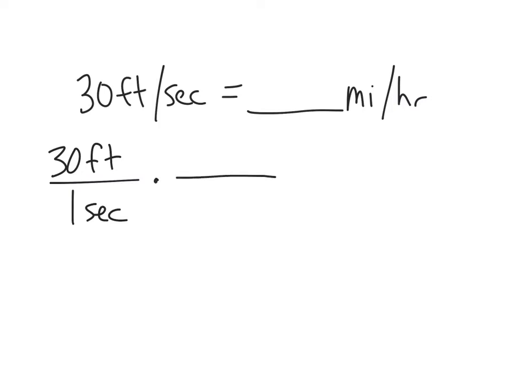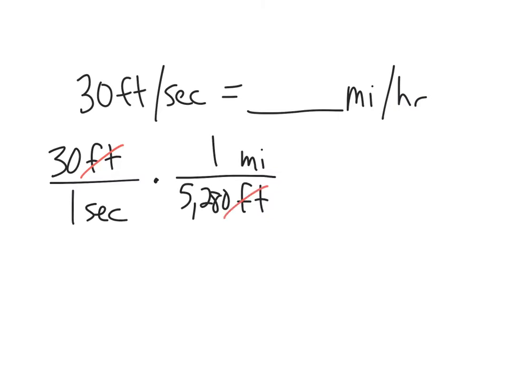One thing we could do is change the feet into miles. To get the feet to cancel, it needs to be in the other part of the fraction. The one we have now is in the numerator, so this would have to be in the denominator. And our conversion is 1 mile is 5,280 feet. By doing that, the feet will cancel out.